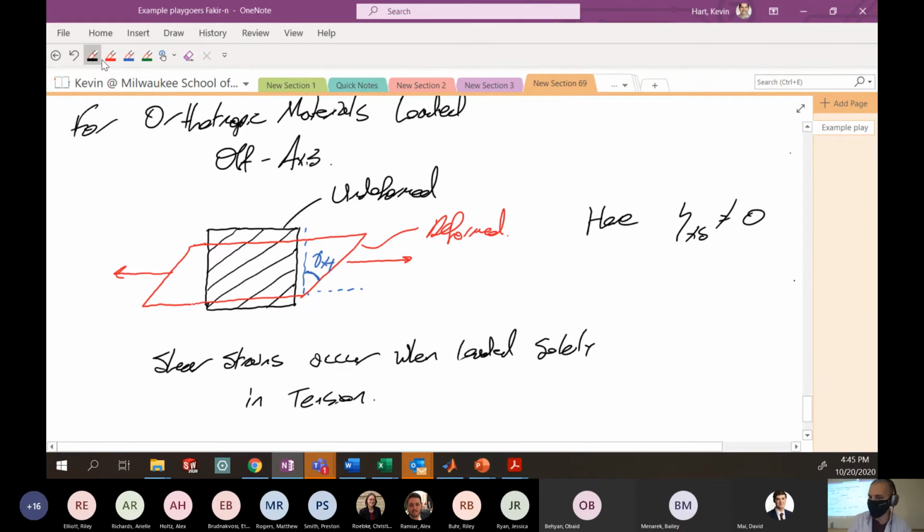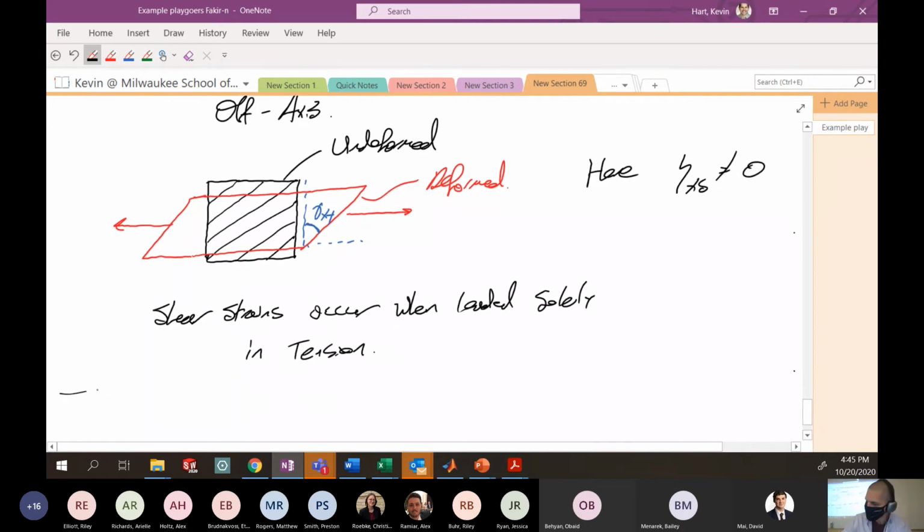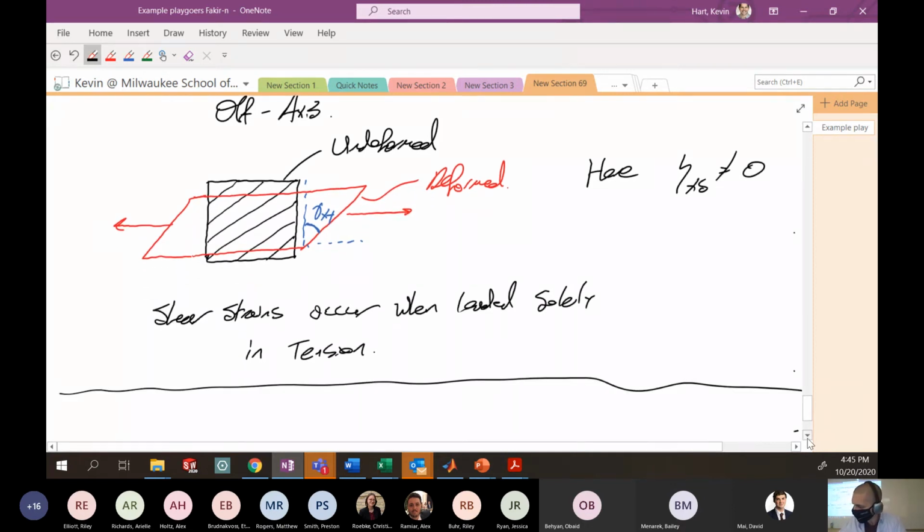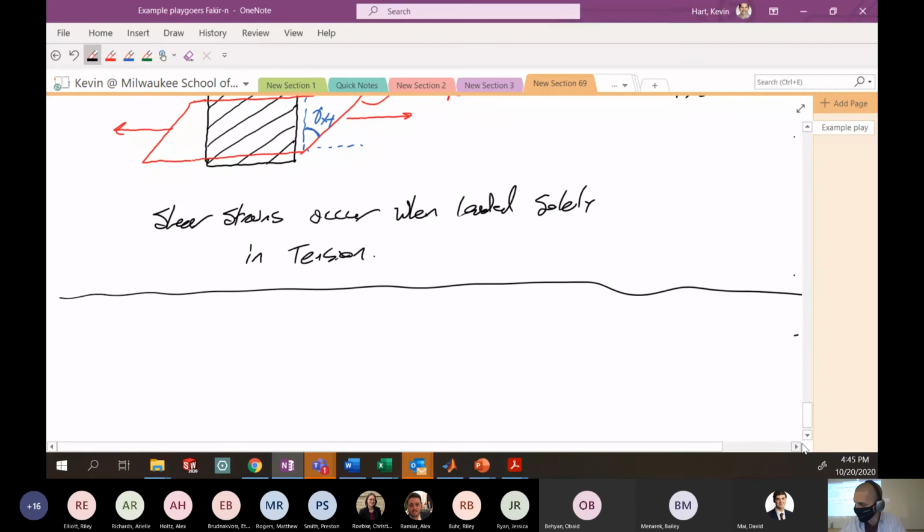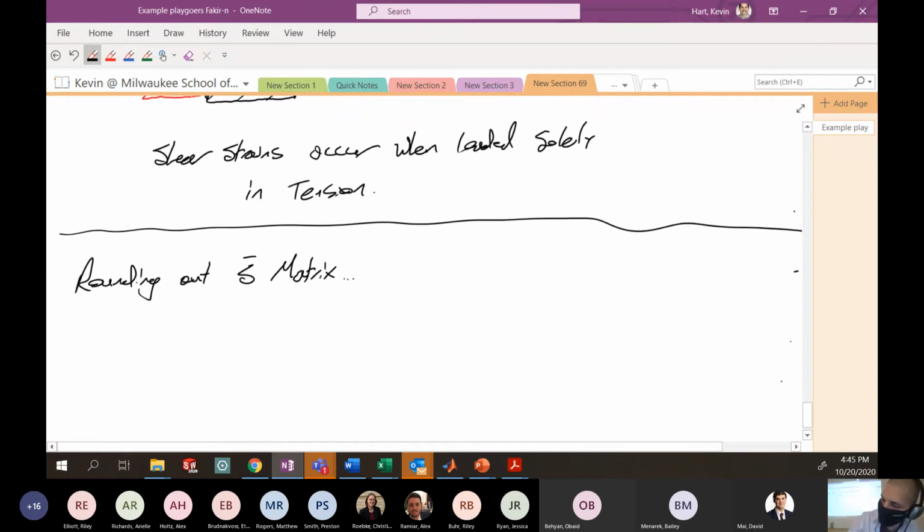So let's round out the S-bar matrix with the other engineering constants. You can have a similar idea where you're loading only in the sigma y direction.